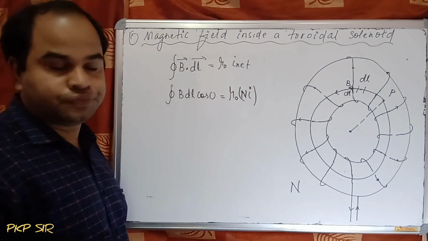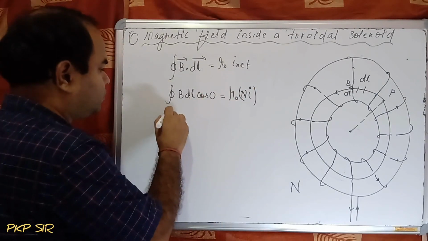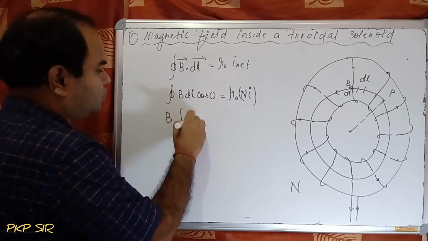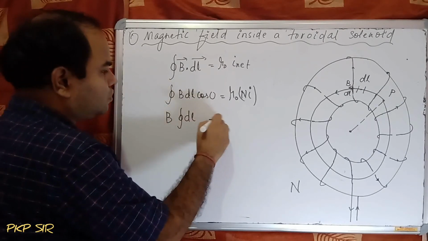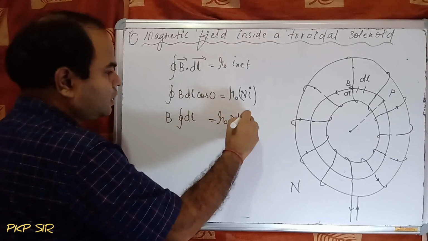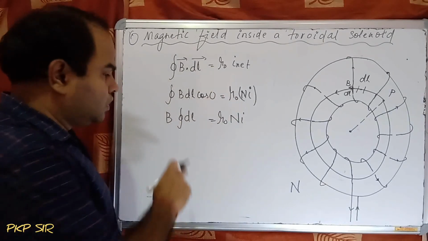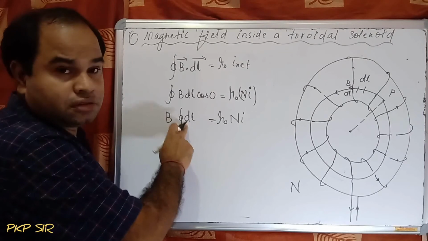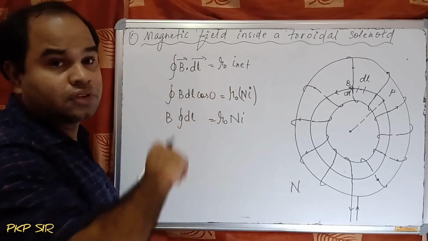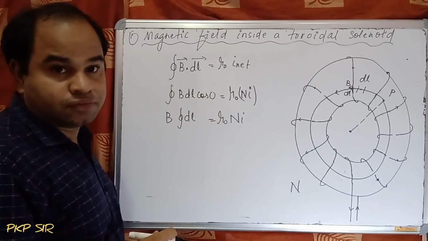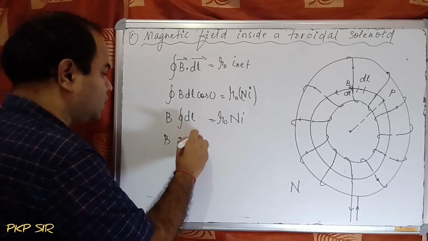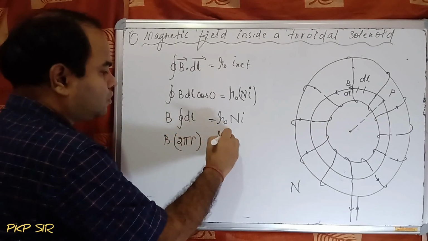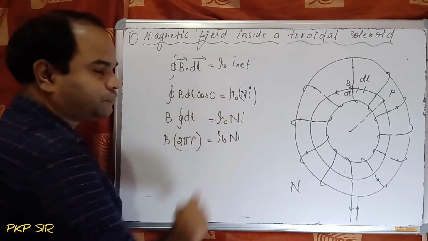So B integral of dl cos 0, which is 1, is equal to mu naught NI. The integral of dl is the circumference of the circular path, that is 2 pi r, equal to mu naught NI.